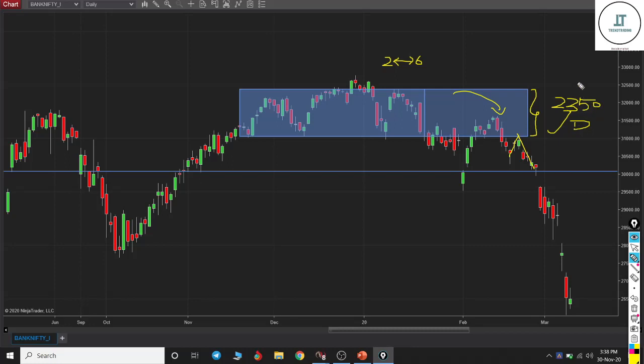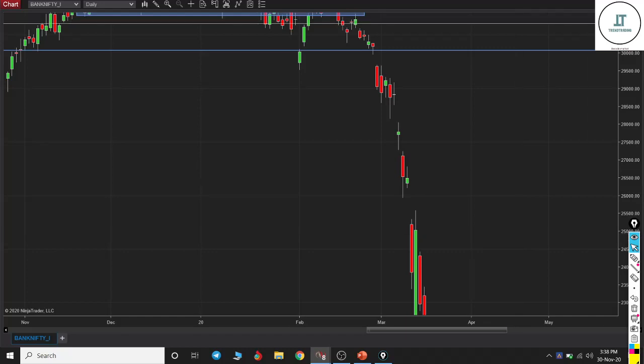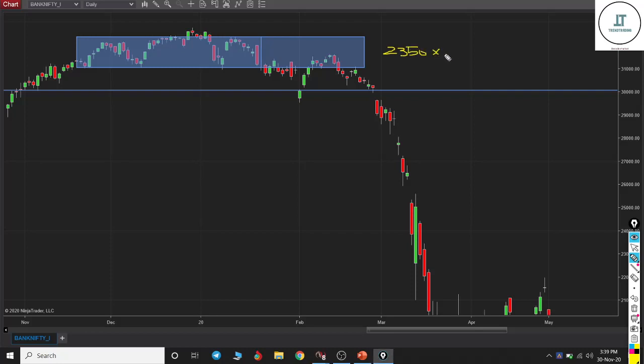Now what we should expect is 2x of the move. Again I am repeating, this is from my experience I am speaking. 2x of the move, that is the range of 2,350 into 2x, comes around 4,700 points of down move to be expected.